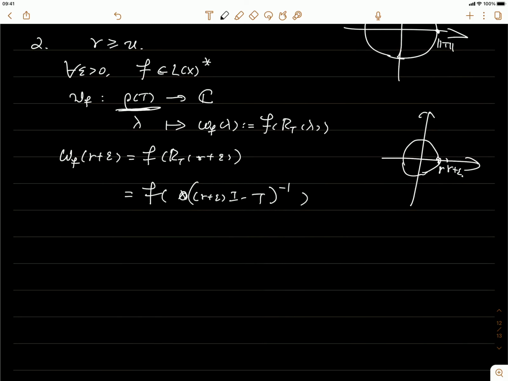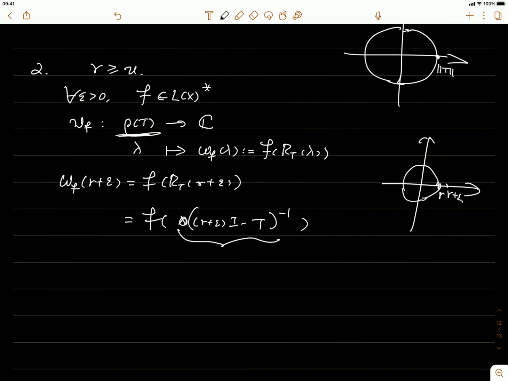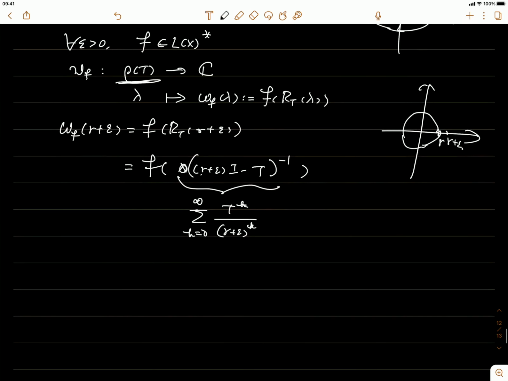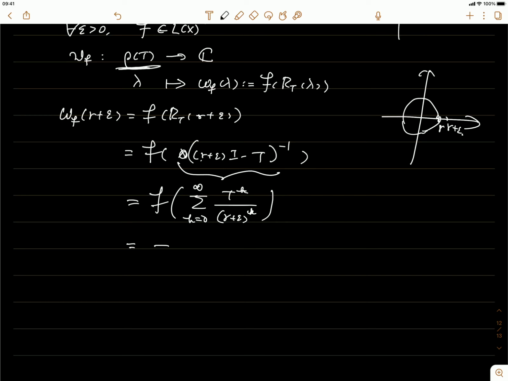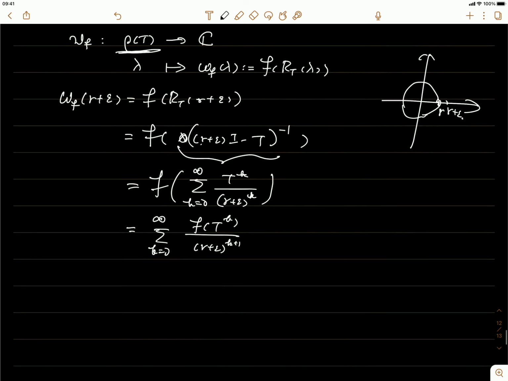And we showed before that this is equal to the sum of T to the power k over lambda to the power k plus 1, for k from 0 to infinity. Now lambda becomes r plus epsilon, and you are applying F to it. F is linear, so you just pass it through, and the constant is below, so it's just F of T^k over (r plus epsilon) to the power k plus 1, with k from 0 to infinity. So that's what we have.